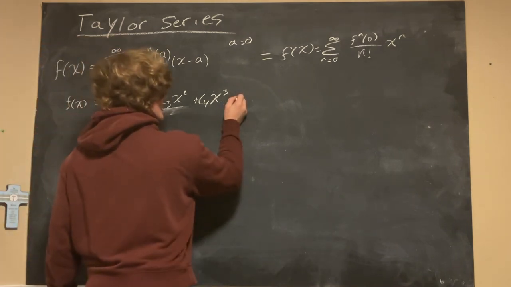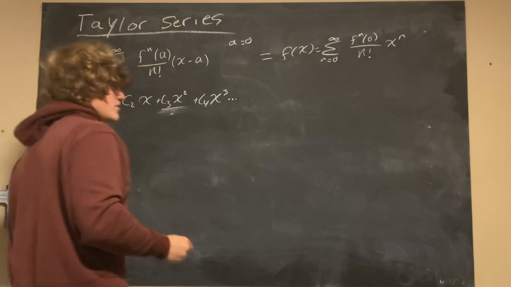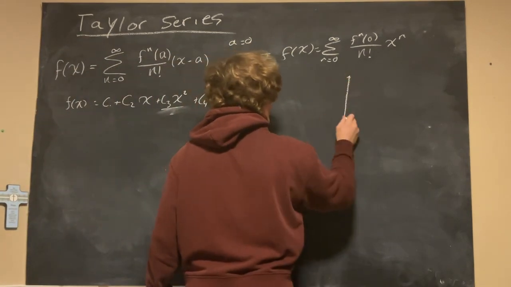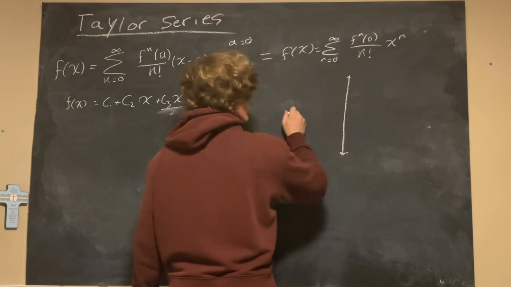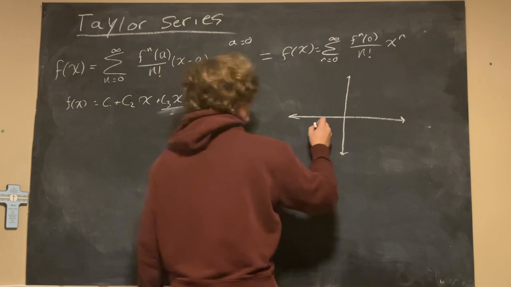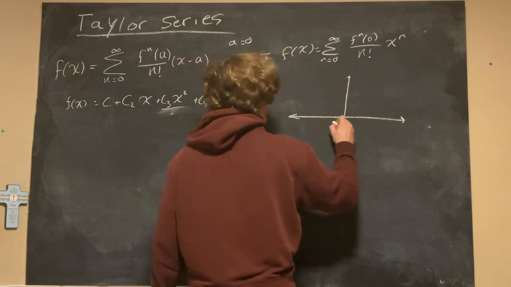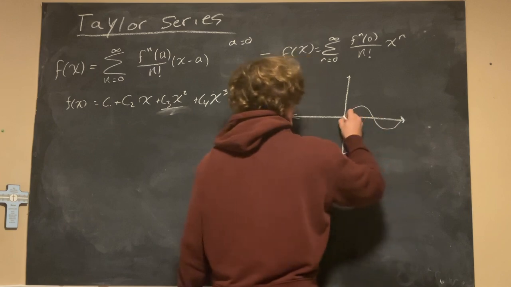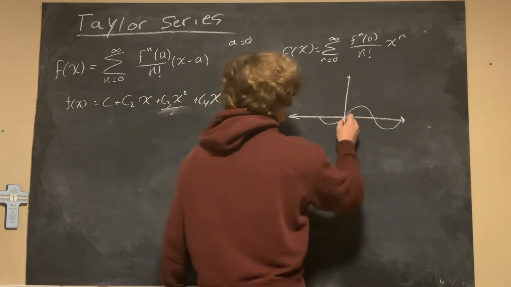So let's see where we get this idea from. To begin, let's graph out the function sine of x. So I'll draw our axes here, and let's go like this. So sine of x looks something like that. We don't need to know it too well.